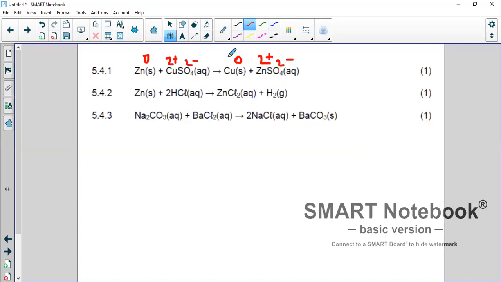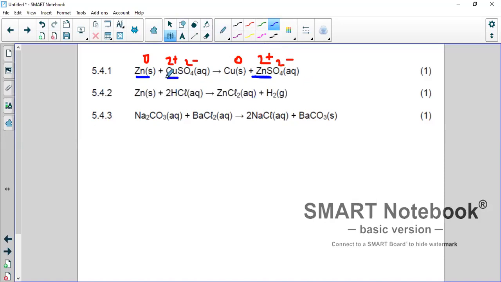Now we check the oxidation numbers. Did they change for these substances? We started with zinc, it was 0. On this side, zinc became 2 plus. So did its oxidation number increase or decrease? It increased. Whenever it increases, it means it's losing electrons. We look at copper.